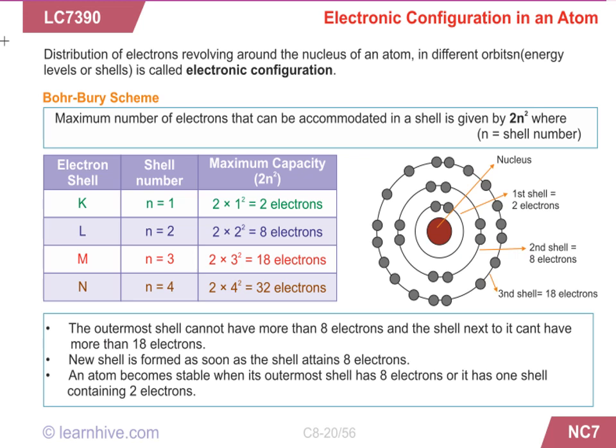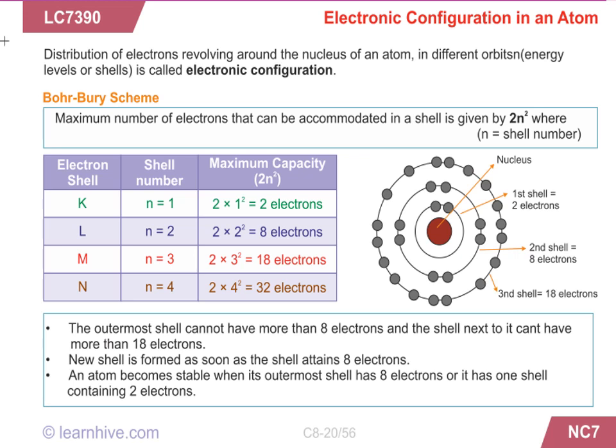N shell is 4: 4 squared is 16, 16 twos are 32 electrons. So K shell 2 electrons, L shell 8, M shell 18, N shell 32.